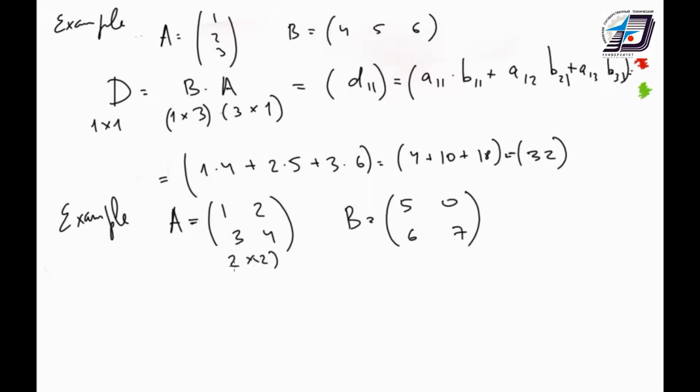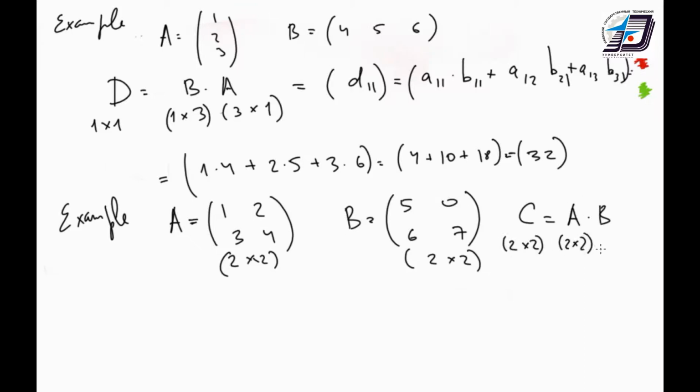This is a 2 by 2 matrix, 2 rows, 2 columns. Here we have a 2 by 2 matrix, and the result of their multiplication, C equals A times B.